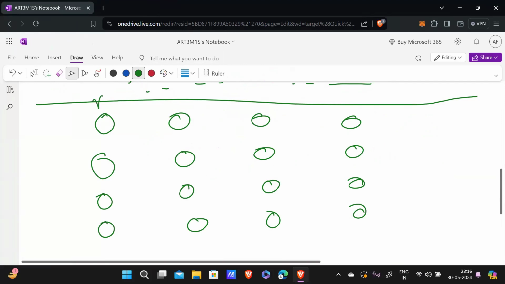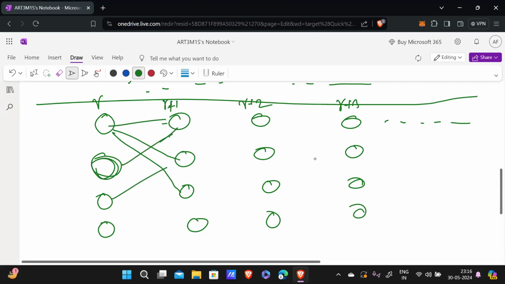So this is the rth round, the r plus 1th round, r plus 2th round, r plus 3, and so on. They are connected in any manner. This is a DAG, so there won't be cycles in it. I'll be connecting this one and this one only for demonstration purposes.